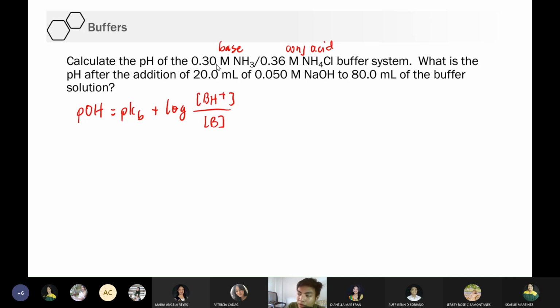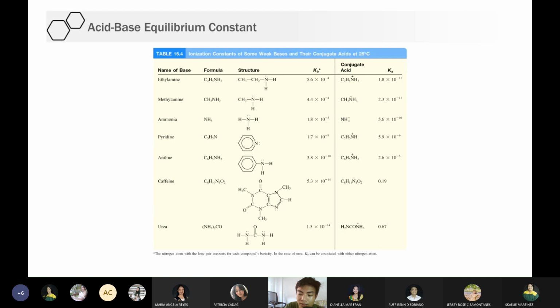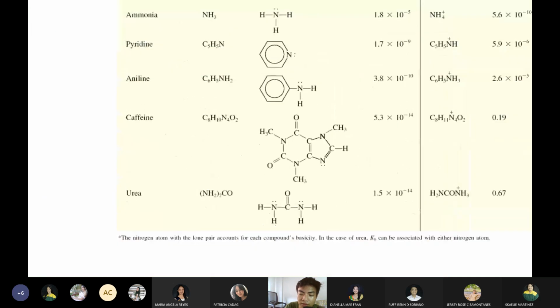Ngayon, we already know the concentrations of the conjugate acid and the base. We can now solve for the pOH and the pH of the solution. So before mo solve mo yan, alamin mo muna yung pKb. Walang sinabi, kaya gagamit tayo ng Kb table. Ayan. So, nabigay ko na yan dito sa PowerPoint.